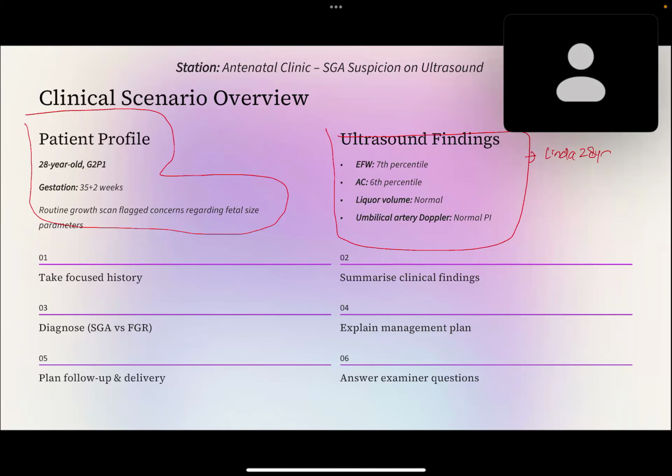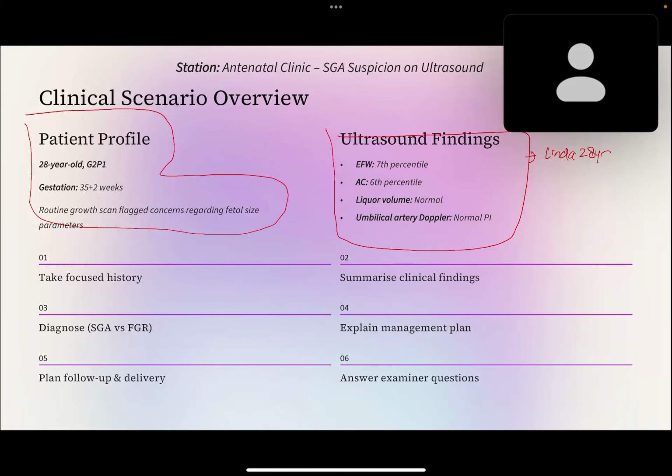I have very short notes and your ultrasound finding with me, which shows that you are 35 weeks and 2 days pregnant. Is that correct? Yes, doctor. And this is your second pregnancy? Yes, doctor. And you have one live baby, right? Yes, doctor. Okay, great. If you have any questions in between, you can stop and ask me, okay?